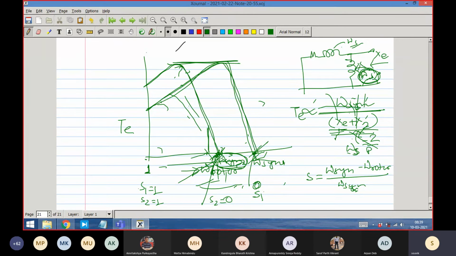That is a separate issue. That speed may mean S1 is equal to 0.6, but S2 is equal to 0. And we are now with a new definition of slip, because it is defined with respect to the new synchronous speed, omega sin 2 minus omega rotor by omega sin 2. So that is how it is defined.